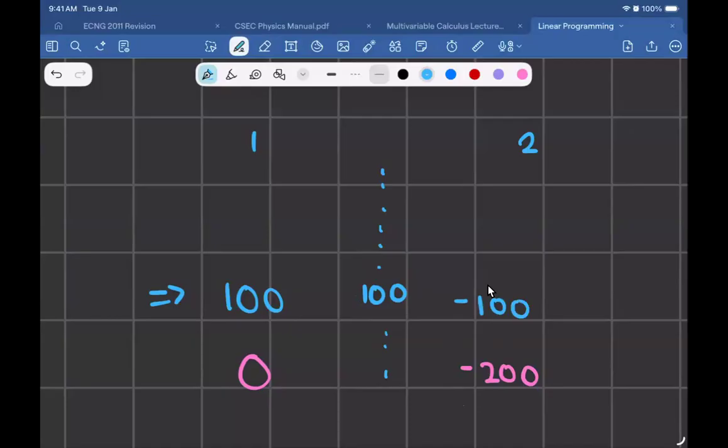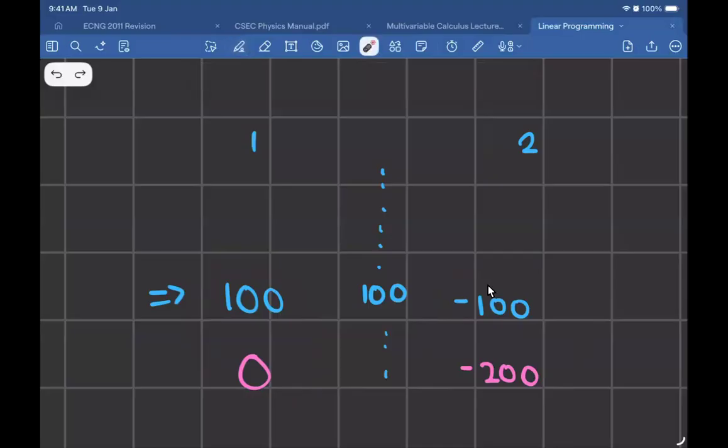In bank one, can you spend that $100? Yes, sir. In bank two, can you spend negative $100? No, sir. So what do you think was the bigger number to start off with, $0 or negative $200? $0. Right. So zero is more than any negative number.